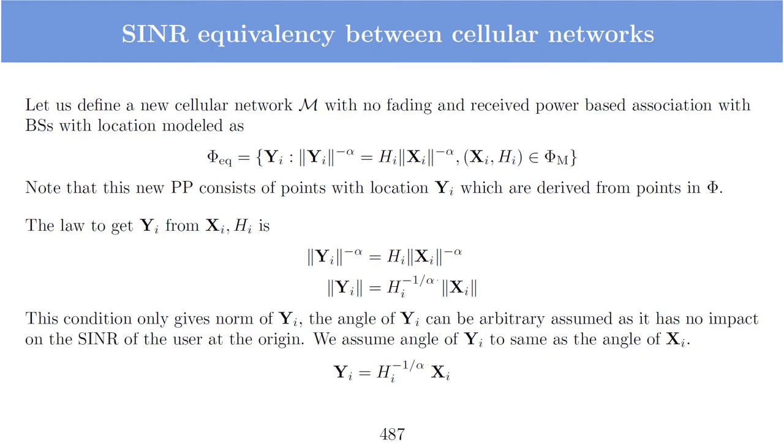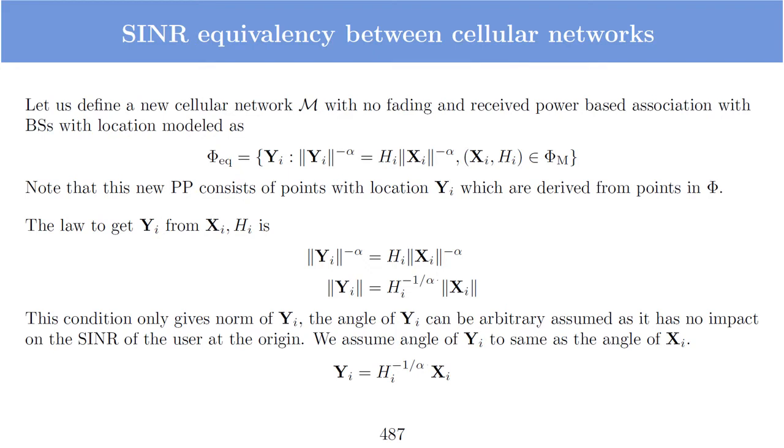So in this new network, base stations are made from Yi, where Yi is related to Xi by the following relation: norm of Yi to the power minus alpha is equal to Hi times norm of Xi to the power minus alpha, where Hi and Xi come from Φ marked of the first network.